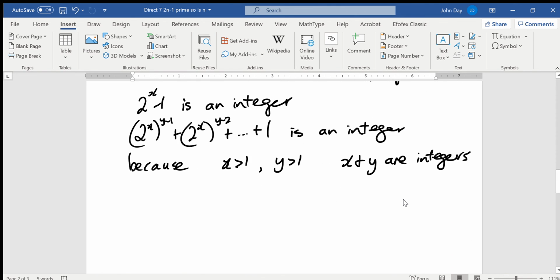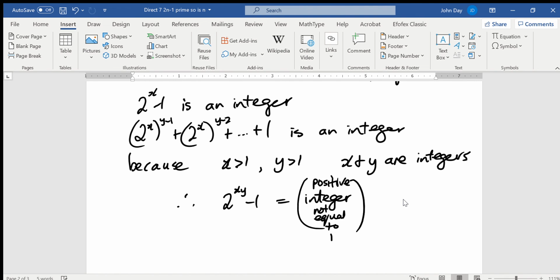But therefore 2 to the xy minus 1 equals a positive integer not equal to 1, multiplied by another positive integer not equal to 1, and it could be the same one.